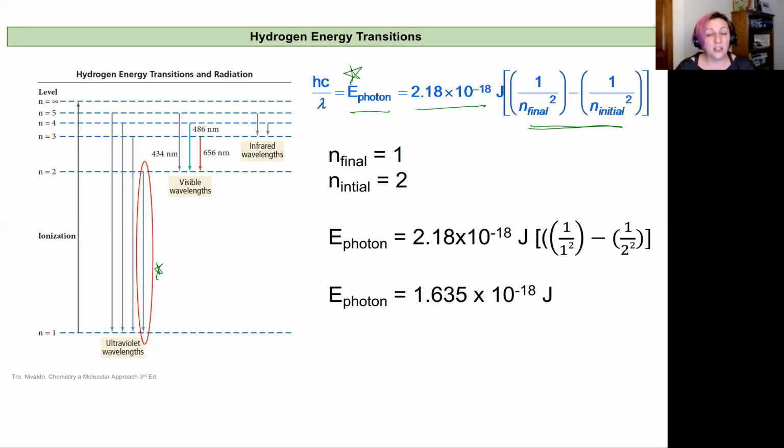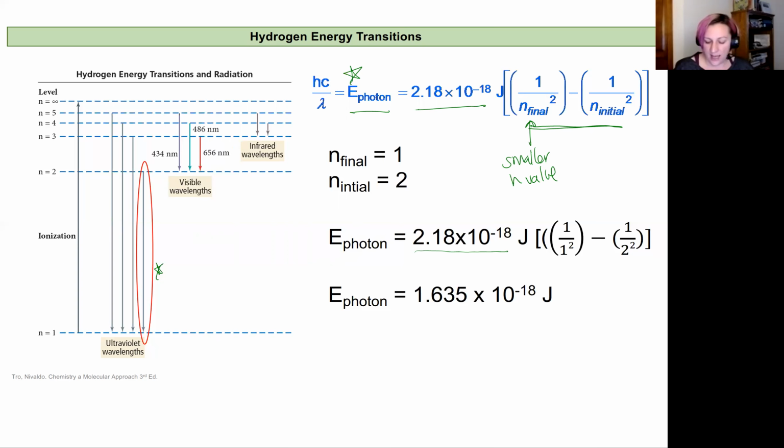So that final one, since we're relaxing down, is the smaller number. So that final one will be the smaller n value. So what I would plug in to calculate the energy of that photon for that transition is my 2.18 times 10 to the negative 18th.